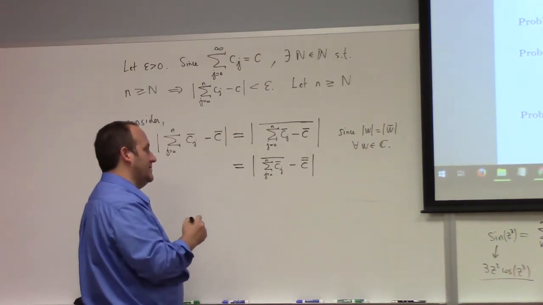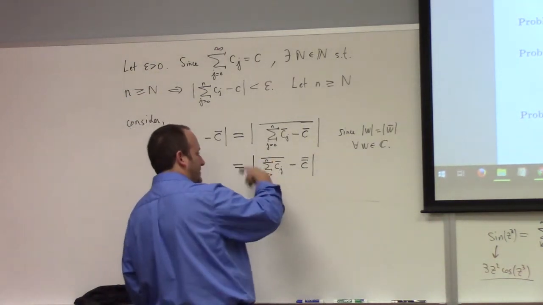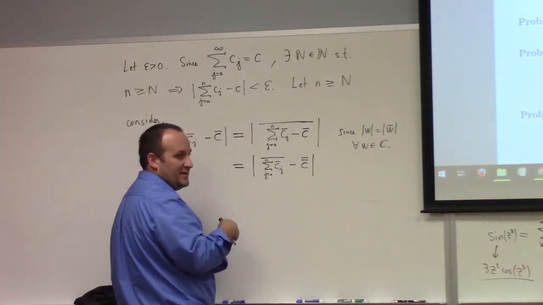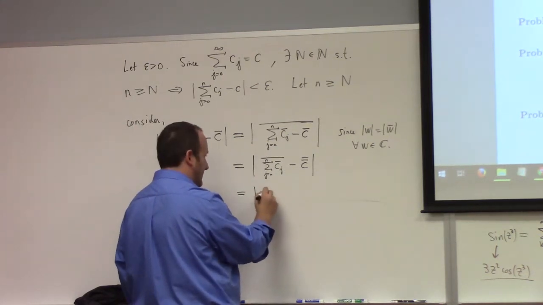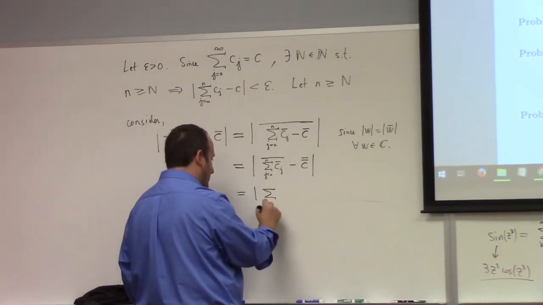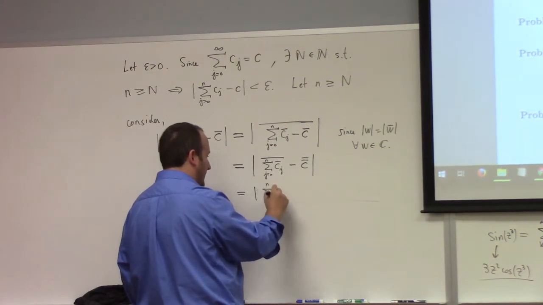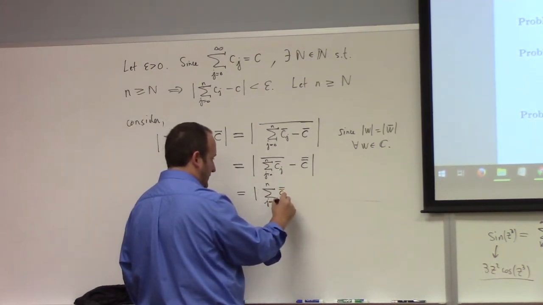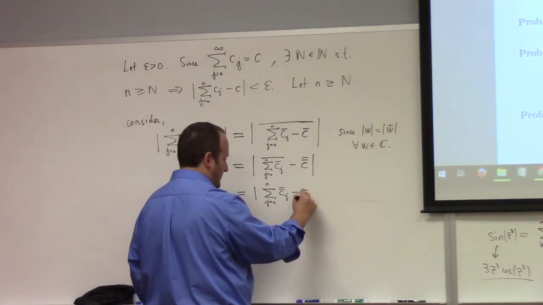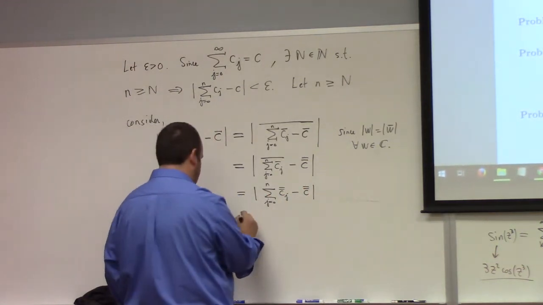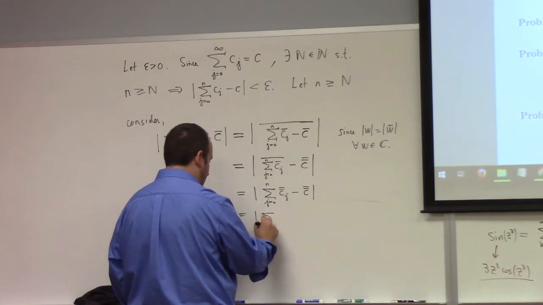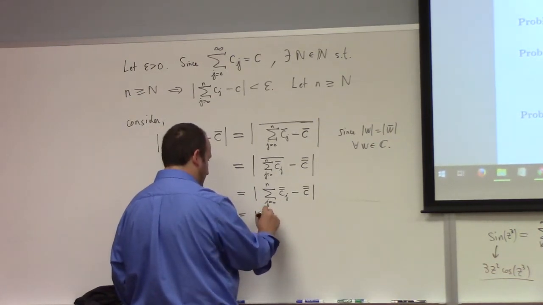You could prove that with induction if you want to be more fussy, but I'm fine with you not doing that. This, of course, is the sum from j equals 0 to n of the conjugate of the conjugate of c_j minus the conjugate of the conjugate of C. But of course, the conjugate of the conjugate is the thing again, as we talked about in abstract algebra today. It's an automorphism of order 2.